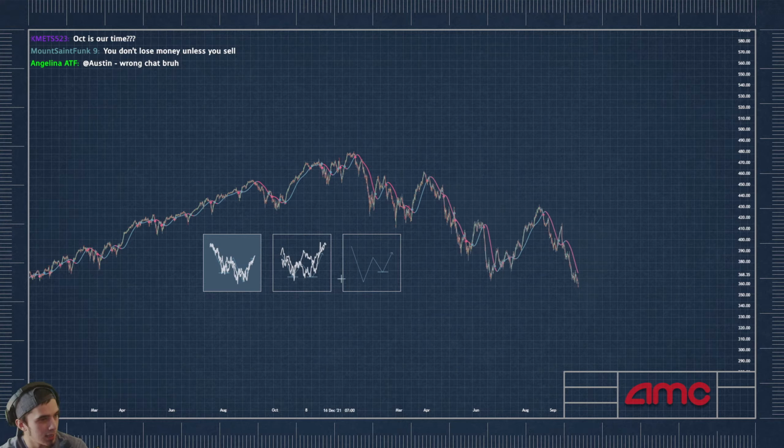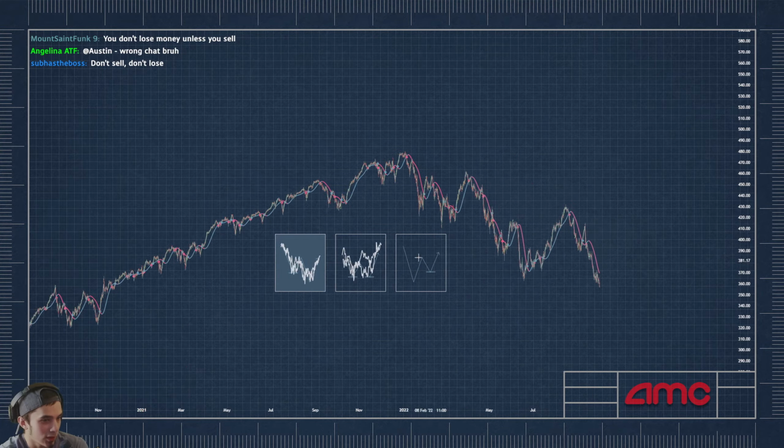Here, I'd say this one probably plays out the least, because this one is a little bit more bullish on the macro, and if you are in a downtrend, you create a lot of these ones down here. You see these happen a lot on shorter time frames too.